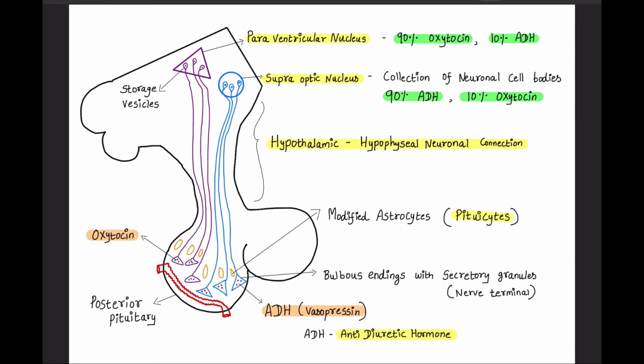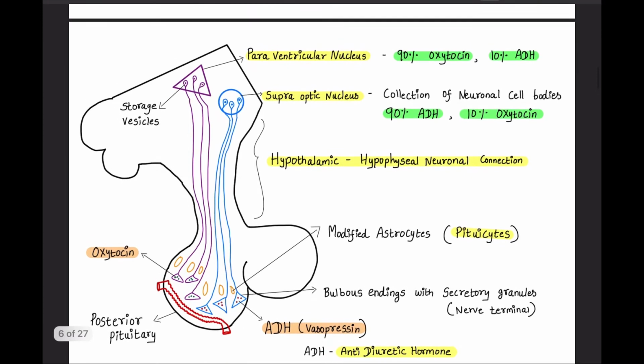There are storage vesicles in the cell body of the neuron, and they have secretory granules in the nerve terminals. These nerve terminals we can also call bulbous endings, as stated in other books. In the pituitary gland you can see the neural cells. I have mentioned that before, pituicytes, that is modified astrocytes.